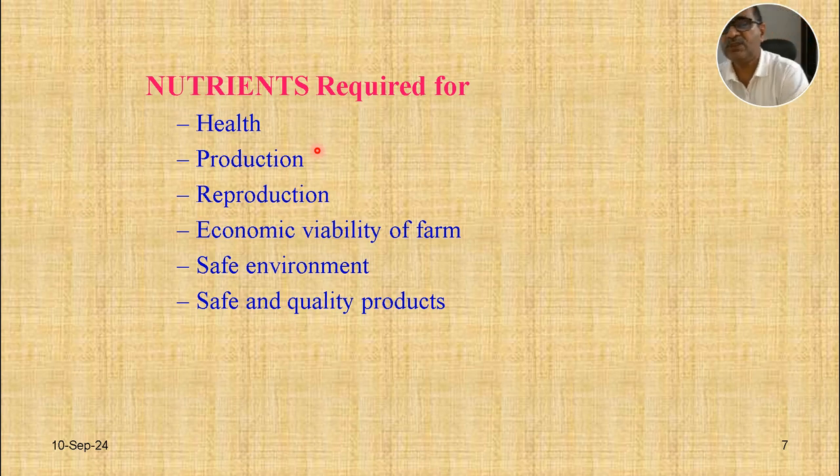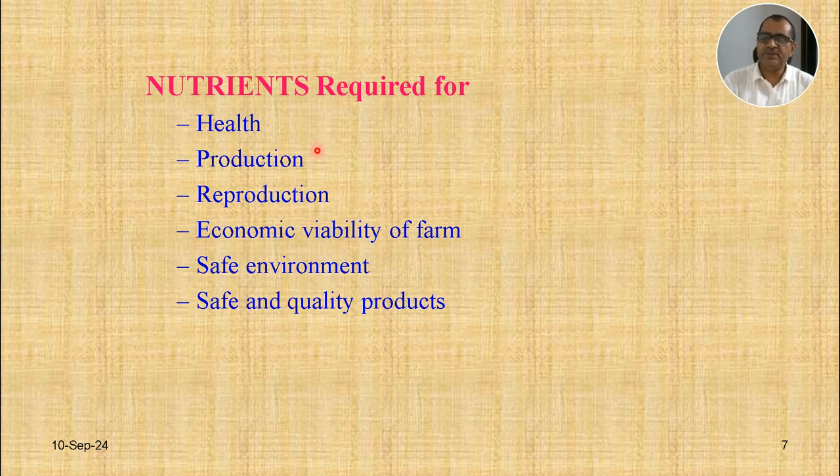Then the economic viability of a farm is also dependent on proper nutrients, and they should also be available at a very cheap cost and be less labor oriented. So these are all the things which are very much required for the economic viability of a farm.